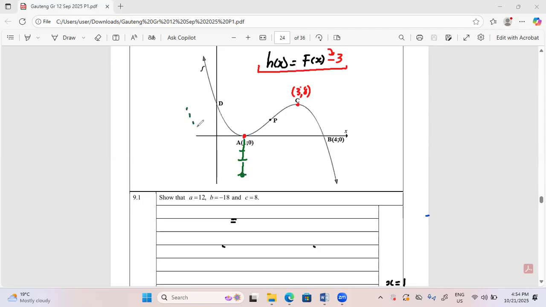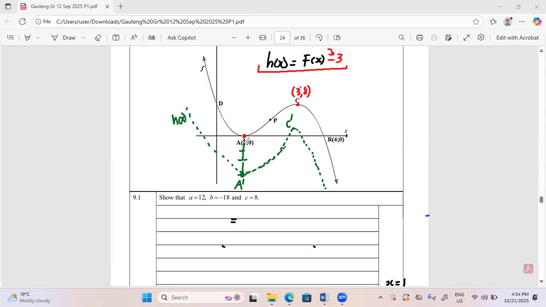The graph will be something like this. We will have new coordinates of the turning points. Let me call this A prime and this C prime. A prime and C prime refer to the turning points of h, which is formed by shifting f 3 units downward.